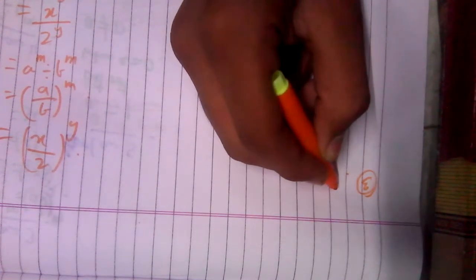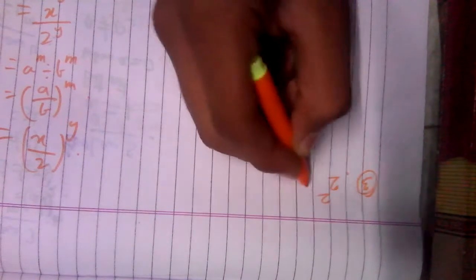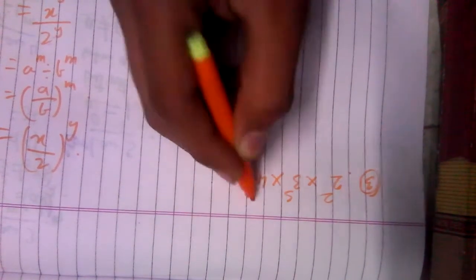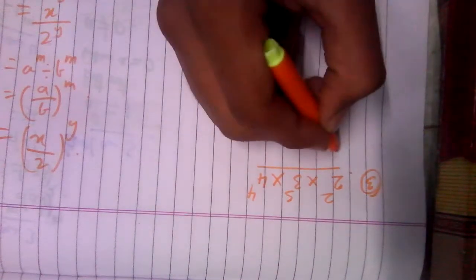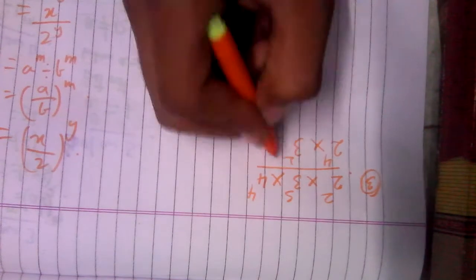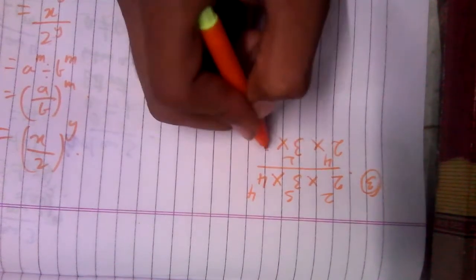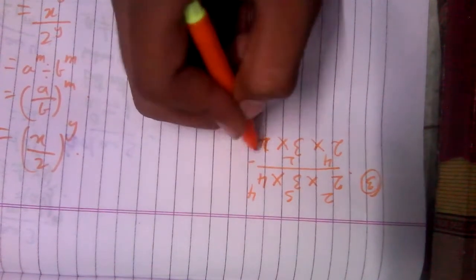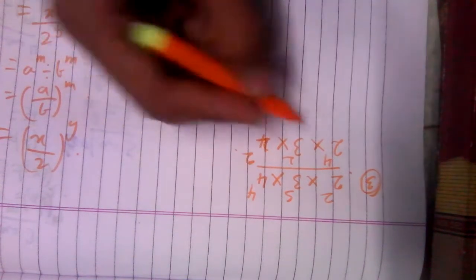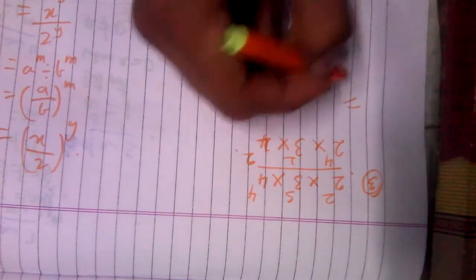Okay, 2 to the power of 2 into 3 to the power of 5 into 4 to the power of 4 by 2 to the power of 4 into 3 to the power of 2 into 4 to the power of, let it be like 2. And now let's simplify out all the similar terms.